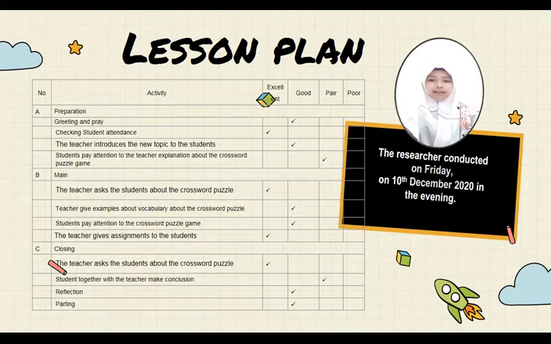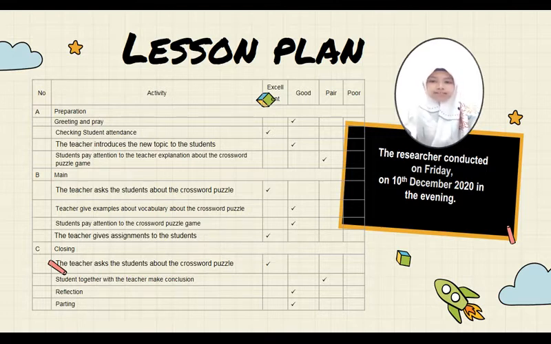And in the lesson plan, there are 3 main activities. First one is preparation. In the preparation, the teacher greets and prays, and after that checks the student attendance list. After that, the teacher introduces the new topic and students pay attention to the teacher's explanation about crossword puzzle.